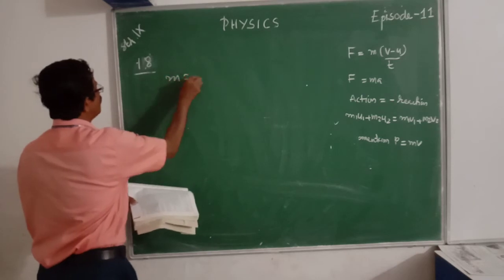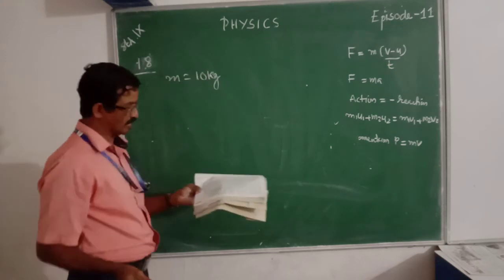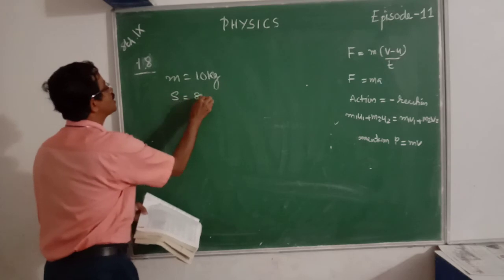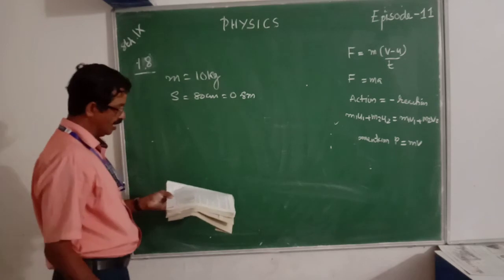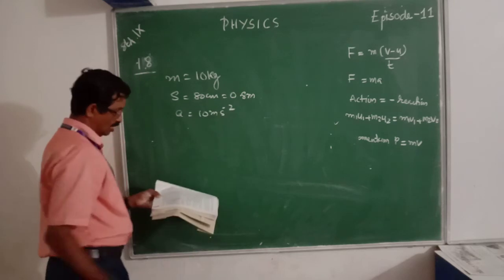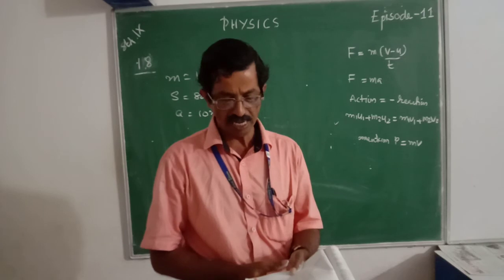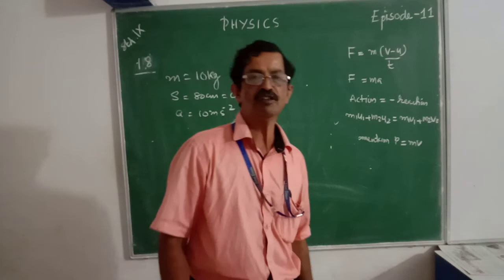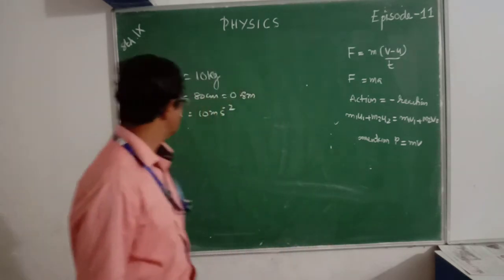See, m is given as 10 kg, height s is given as 80 cm, that is equal to 0.8 meter, and acceleration is equal to 10 meter per second square. We want to find out how much momentum the dumbbell transfers to the earth.